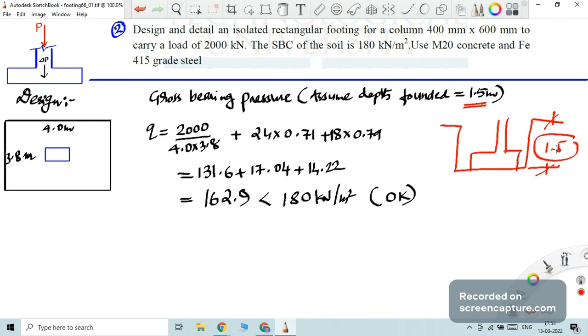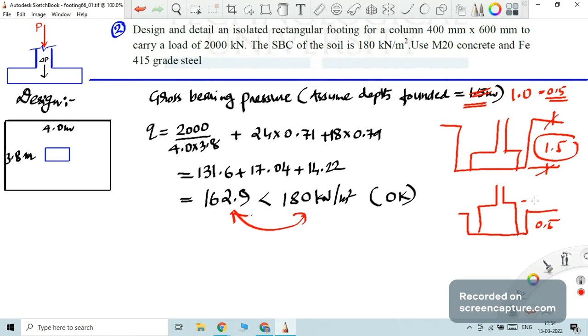This can be varied. Suppose in the classroom or in the university exam you are doing it, and you assumed 1.5 meter, and this check is not matching, then what you have to do immediately is reduce it to 1.0, etc., because the code says 0.5. So you can use any value above 0.5. Even when you use 0.5, in this case the foundation is going to be projected, because if you use 0.5, our depth of foundation is 710, then this footing is going to be projected up by 0.21.